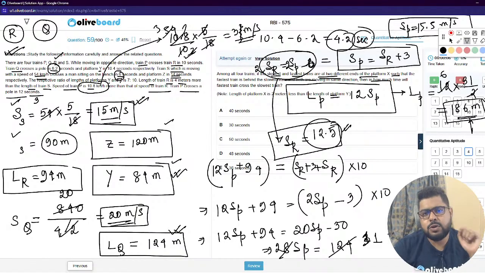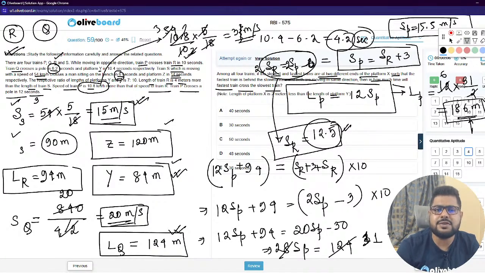They are at two different ends of platform X, such that the fastest train is behind the slowest train and they are moving in the same direction. In how much time will the fastest train cross the slowest train? Note that the length of X is 2 meters less than the length of platform Y. Platform Y length is 84, so the length of platform X will be 2 meters less, that is 82.